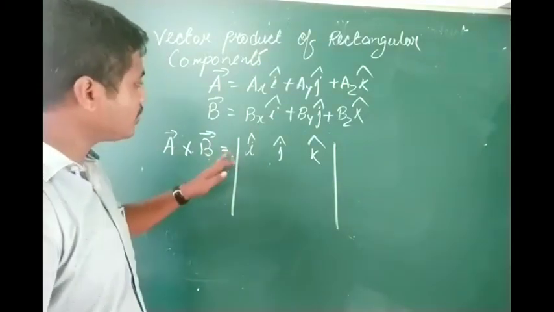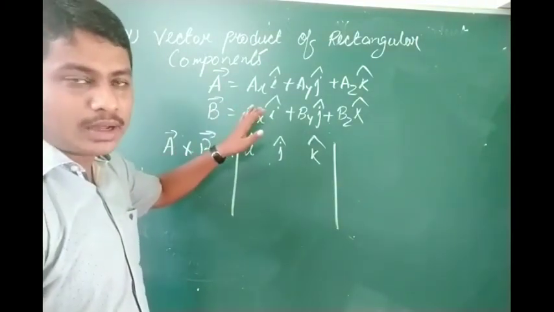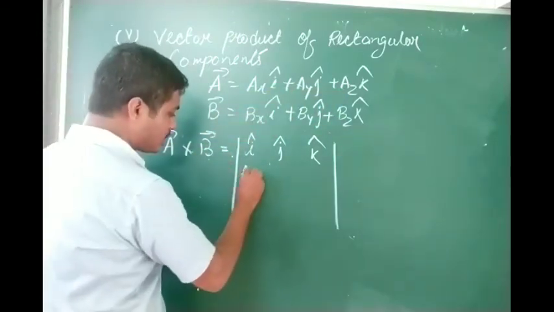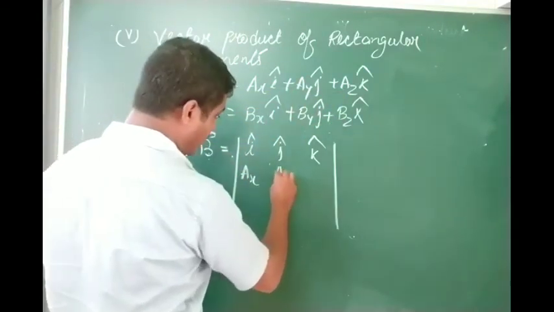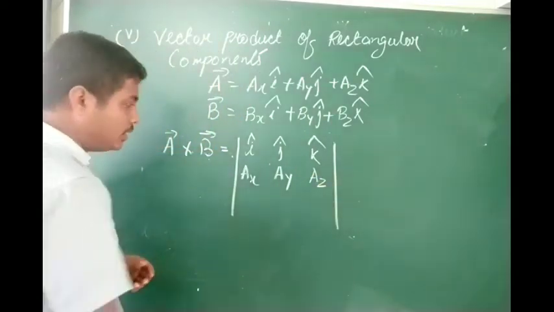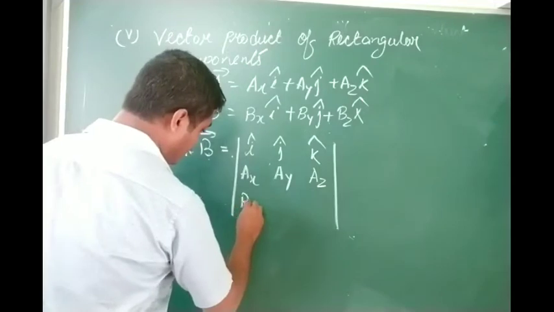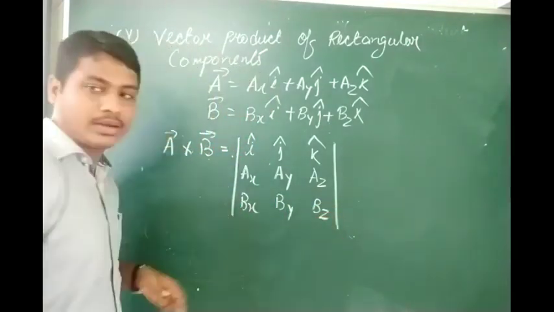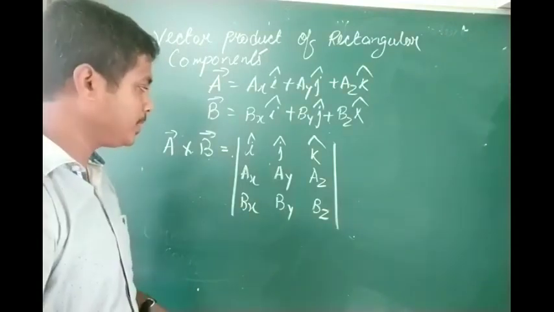Clear? Next you see what is related with the i cap in the A vector. With the i cap we have ax, with the j cap we have ay and with the k cap we have az. Clear? Then for the vector B we have bx, by and bz.